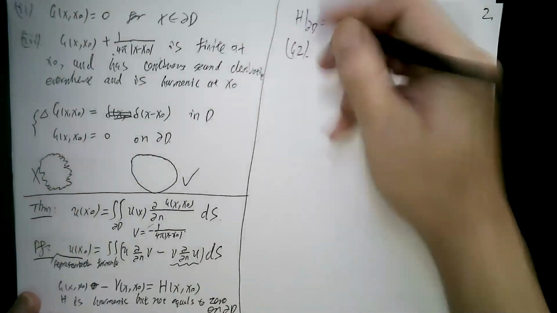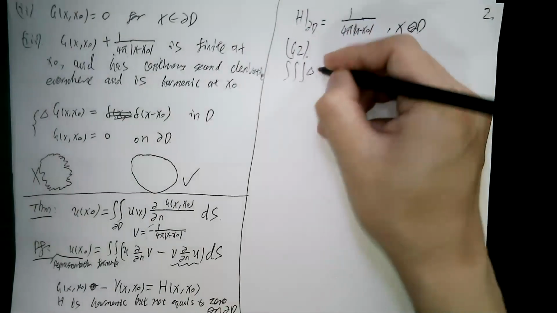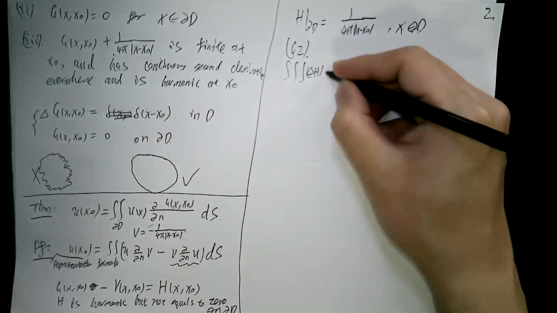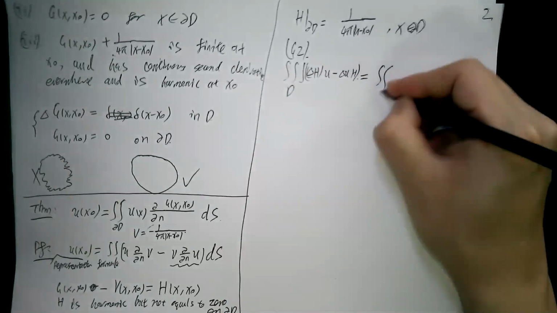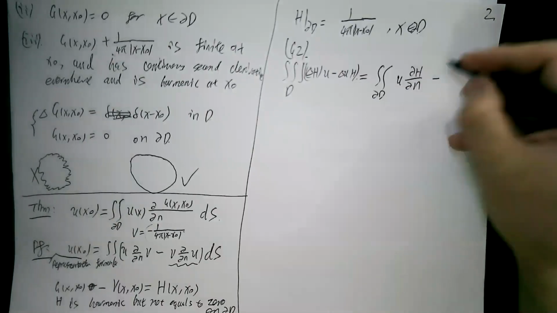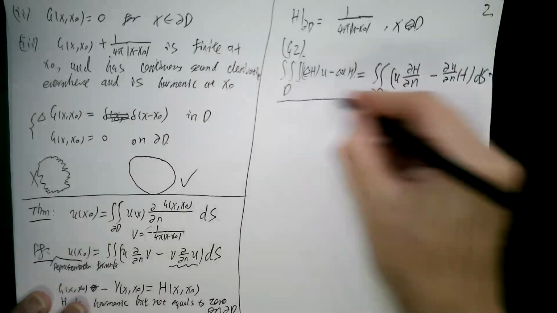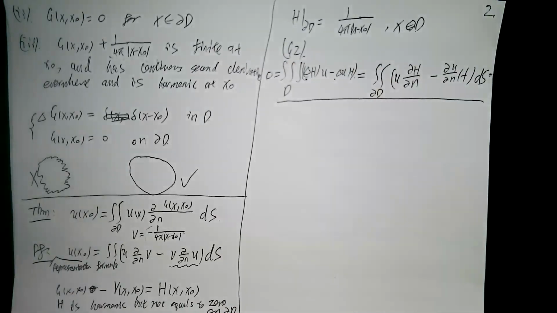we still have Green's second identity. We take V equal to H in Green's second identity: the integral of Laplacian H times u minus Laplacian u times H equals, on the boundary, the integral of u partial H partial n minus partial u partial n H. Yes, this is Green's second formula for u and H. You can see that Laplace H and Laplace u are both equal to 0, so the right-hand side equals 0.